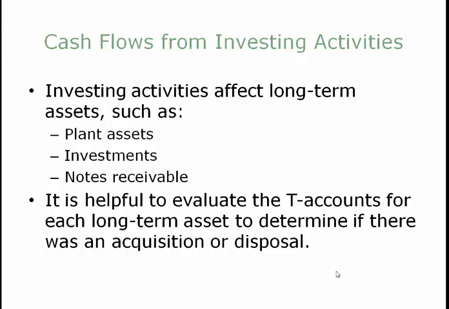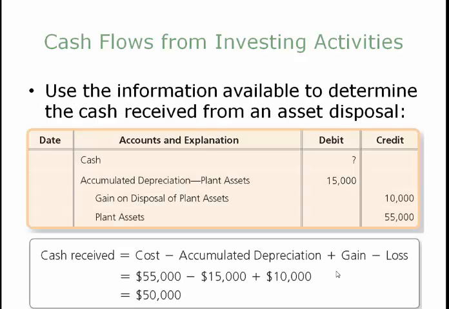Okay? Then we look at investing. We're looking at plant assets and investments in other companies and notes receivable. And so the first thing we're going to look at deals with plant assets. And this is what the journal entry would look like if you had plant assets. If you sold something, you're going to take that plant asset, which was an asset on the book that was debited before, and you're going to credit it.